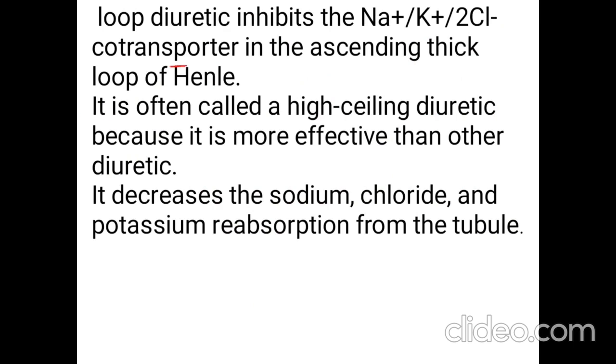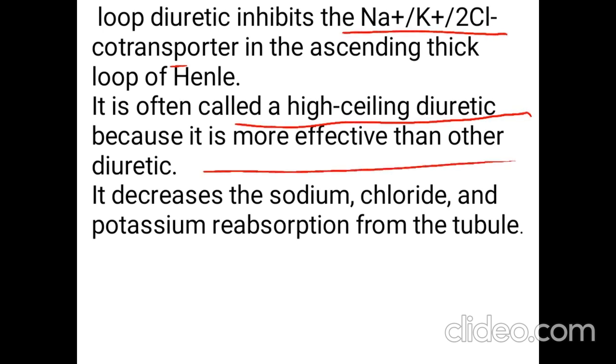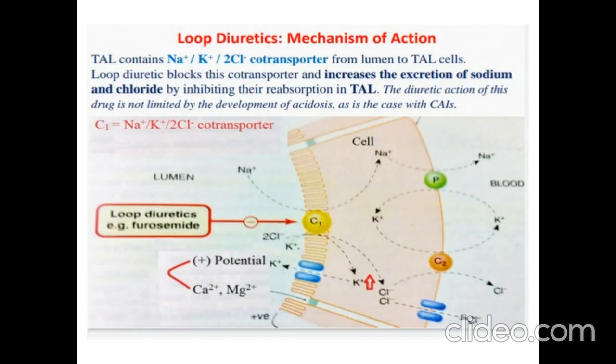So these diuretics inhibit the sodium potassium 2 chloride co-transporter in the ascending loop of Henle. Hence, they are called high ceiling diuretics as they are more effective than any other diuretics. It decreases the reabsorption of single sodium, single potassium, and 2 chloride ions from the tubules.